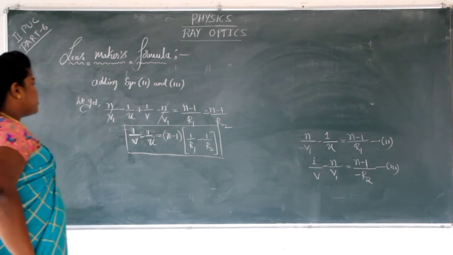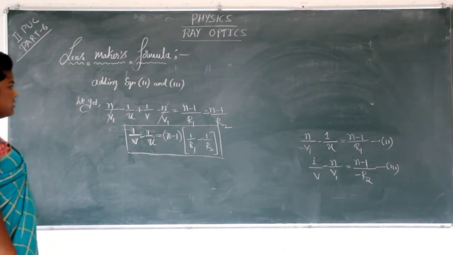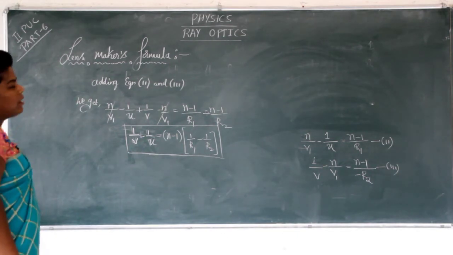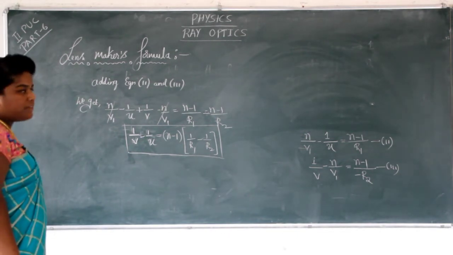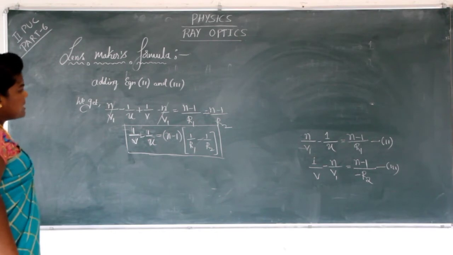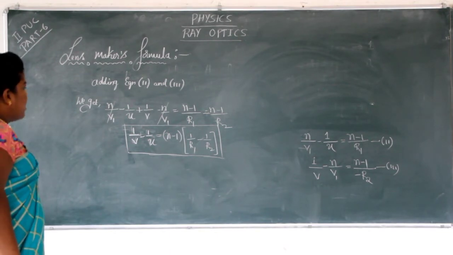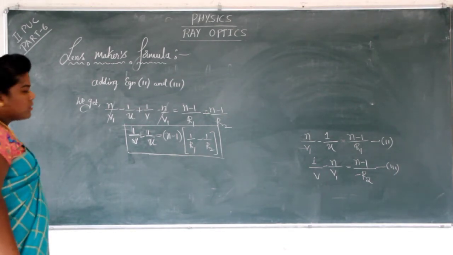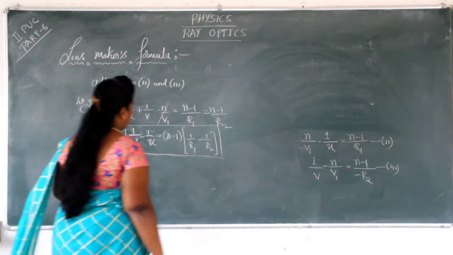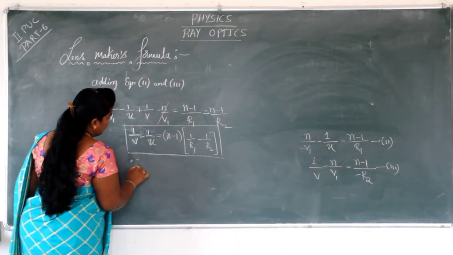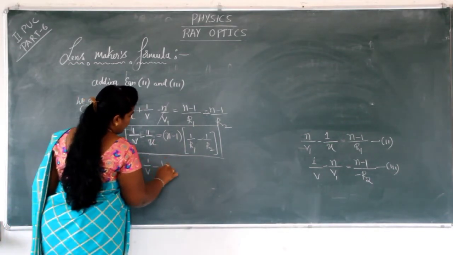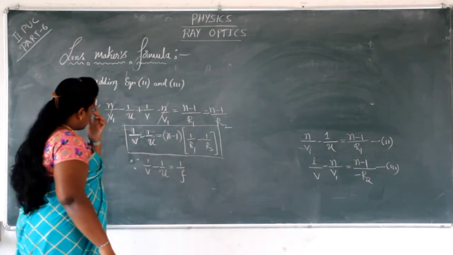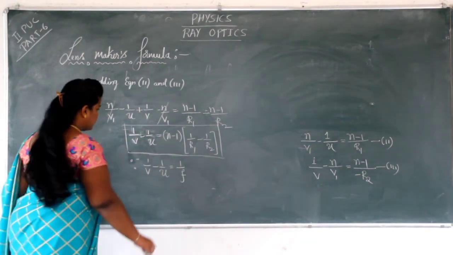You can observe this equation very carefully, my dear students. We came to the conclusion that it gives a relationship between the refractive index, the radii of curvature of the two surfaces of a lens, the object distance and the image distance. Still, we should move towards focal length. We know that 1 by V minus 1 by U is equal to 1 by F, where F is the focal length of a lens.